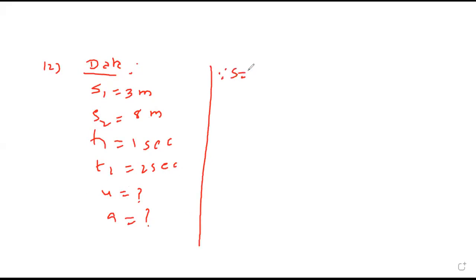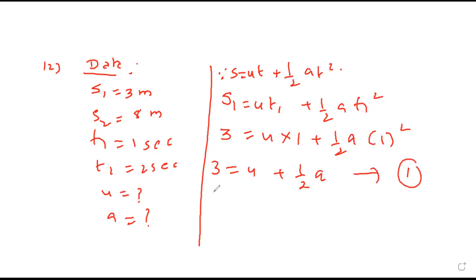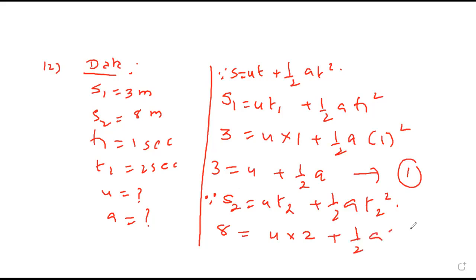Since S equal to ut plus half at square, S1 will be u T1 plus half a T1 square. 3 equals to u into 1 plus half a into 1 square. 3 is u plus half a, equation 1. Then again S2 will be u T2 plus half a T2 square. 8 equals to u into 2 plus half a into 2 square.